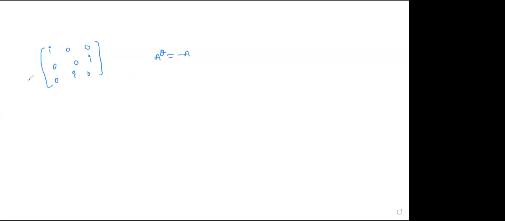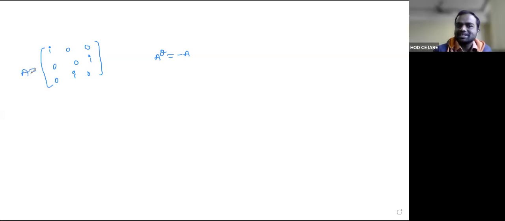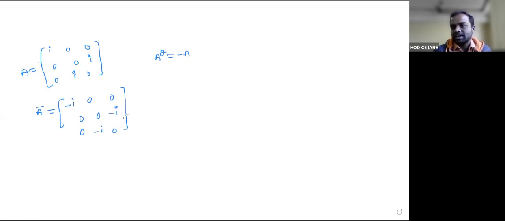A is a complex matrix. Its conjugate matrix A bar is equal to minus I 0 0, 0 0 minus I, 0 minus I 0. Okay, only the sign of the imaginary part changes.